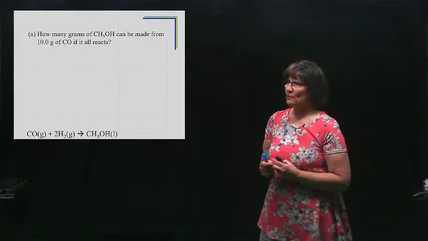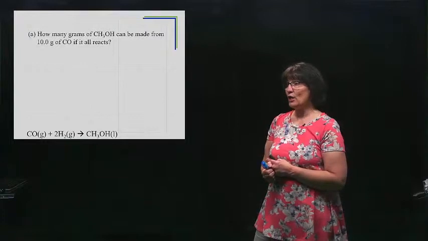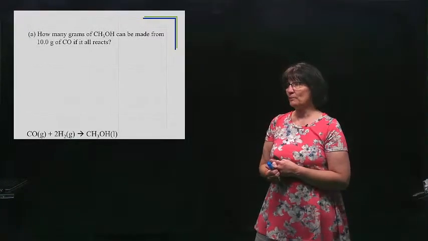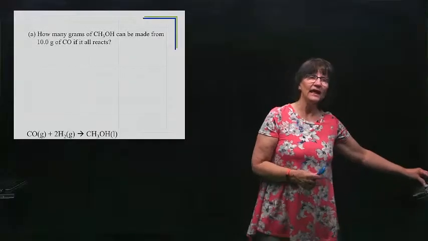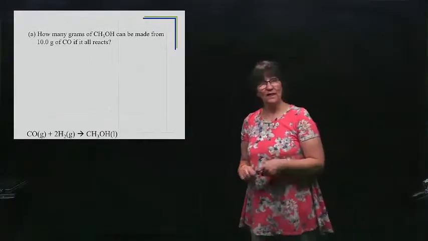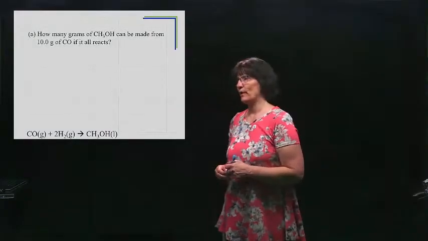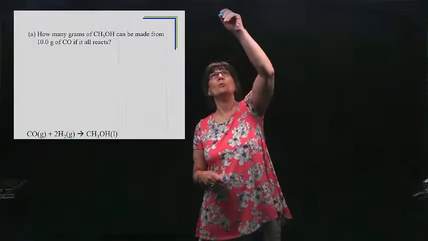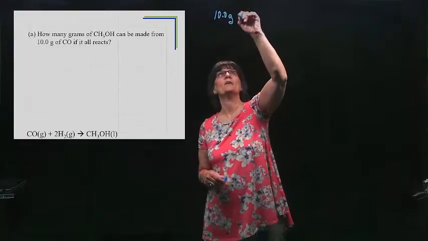I'm going to start by saying: how many grams of methanol can be made from 10 grams of carbon monoxide if it all reacts? Having that "if it all reacts" means, in other words, what is its theoretical yield? So we're going to start with 10.0 grams of the carbon monoxide.